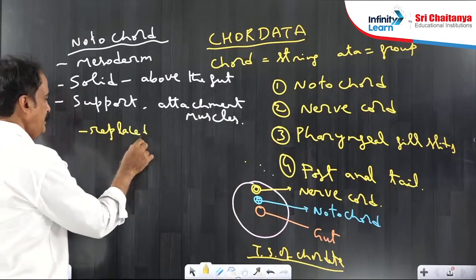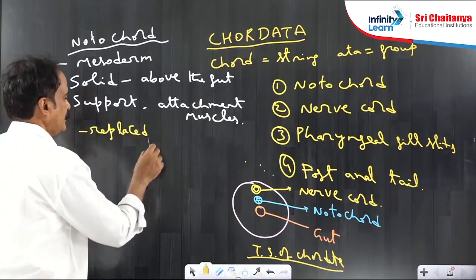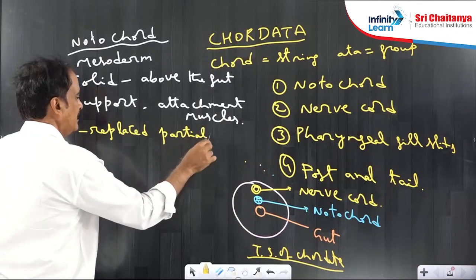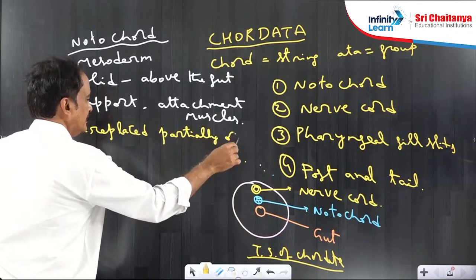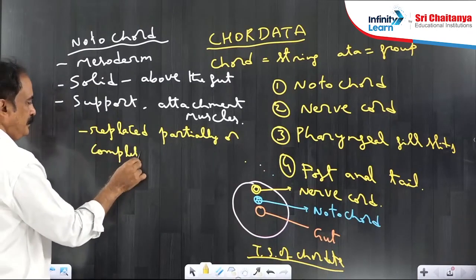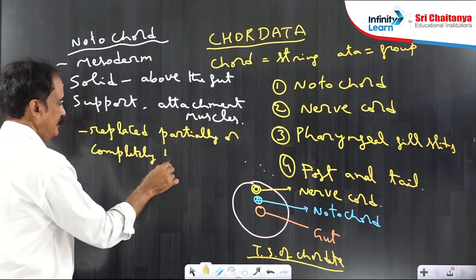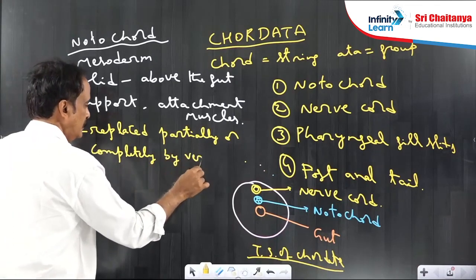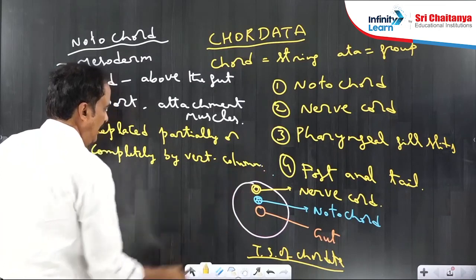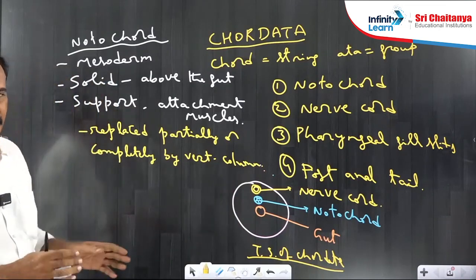It gets replaced in many chordates, partially or completely, by the vertebral column. Right? The vertebral column develops from this notochord in the case of vertebrates.